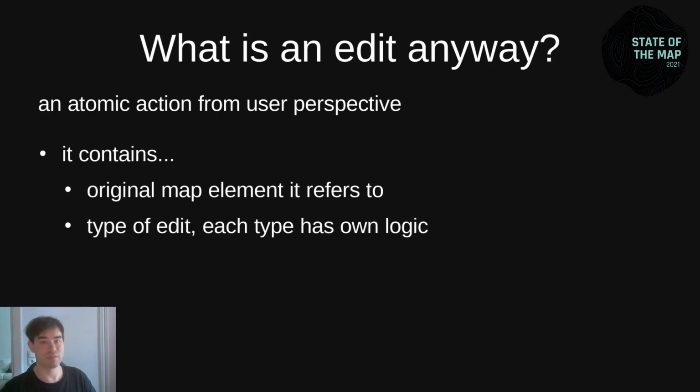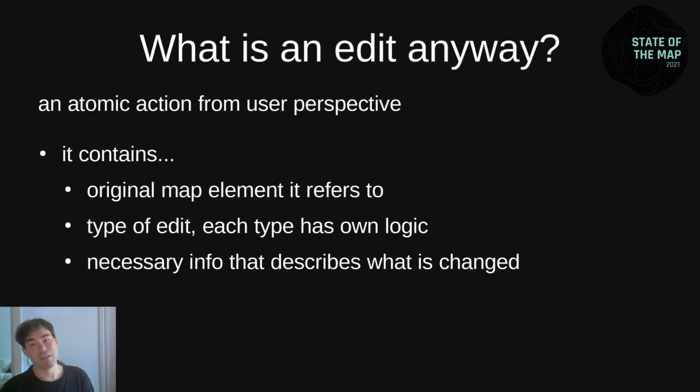There are different types of edits, for example, splitting a way, deleting a point of interest, or changing some tags. That's the most common one, and also the easiest one. And then finally, of course, the diff, the necessary and minimal info that describes what is changed.